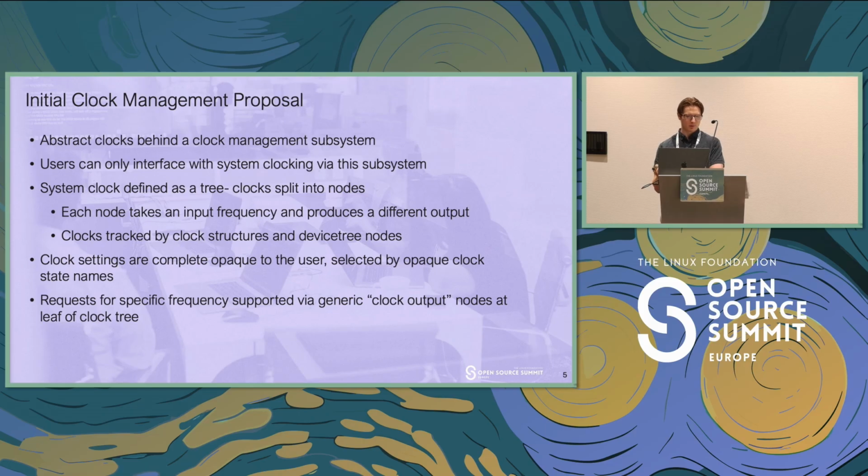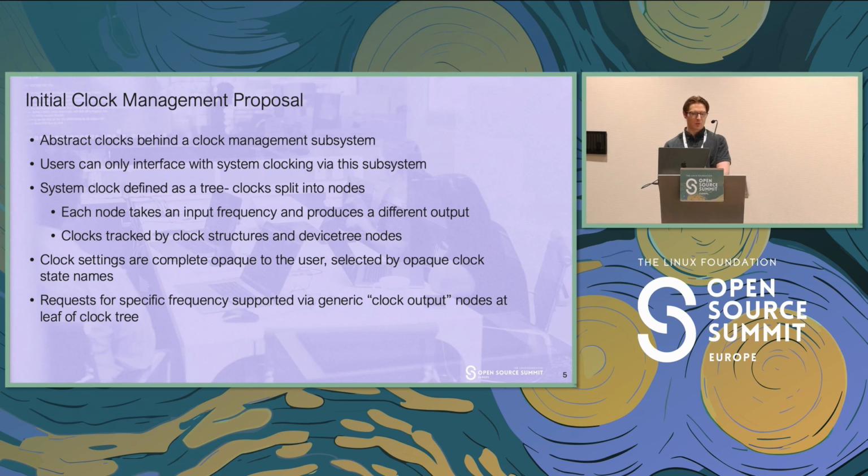System clocks would be defined as a tree, and each clock is split into a node. A node is essentially a clock that takes an input frequency, scales it, selects from several different frequencies, does something with that frequency, and produces a different output. We track each clock node in a structure and with a device tree node as well.